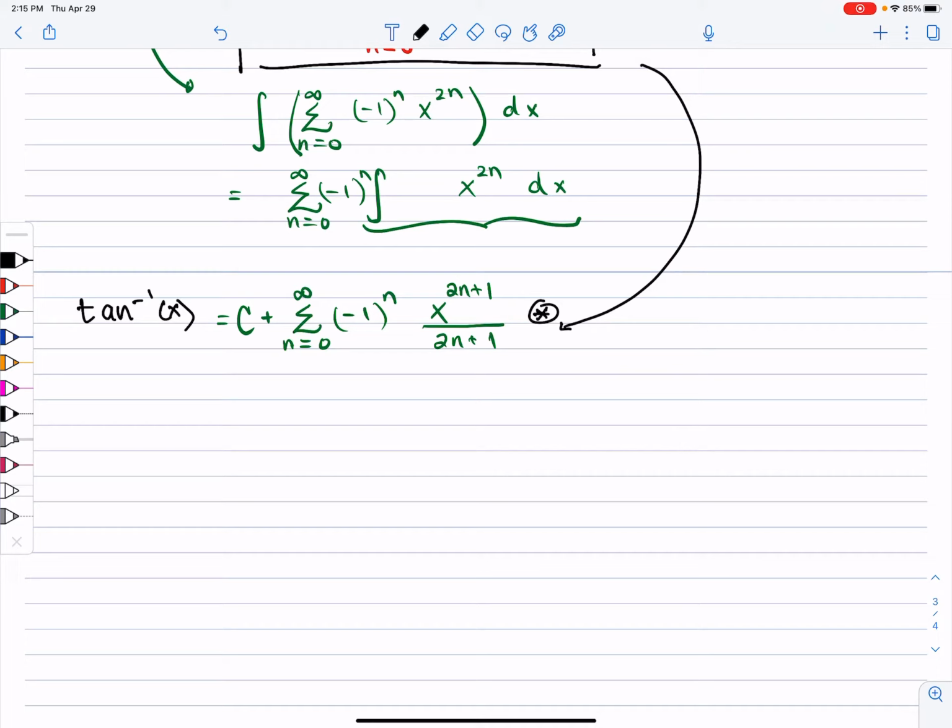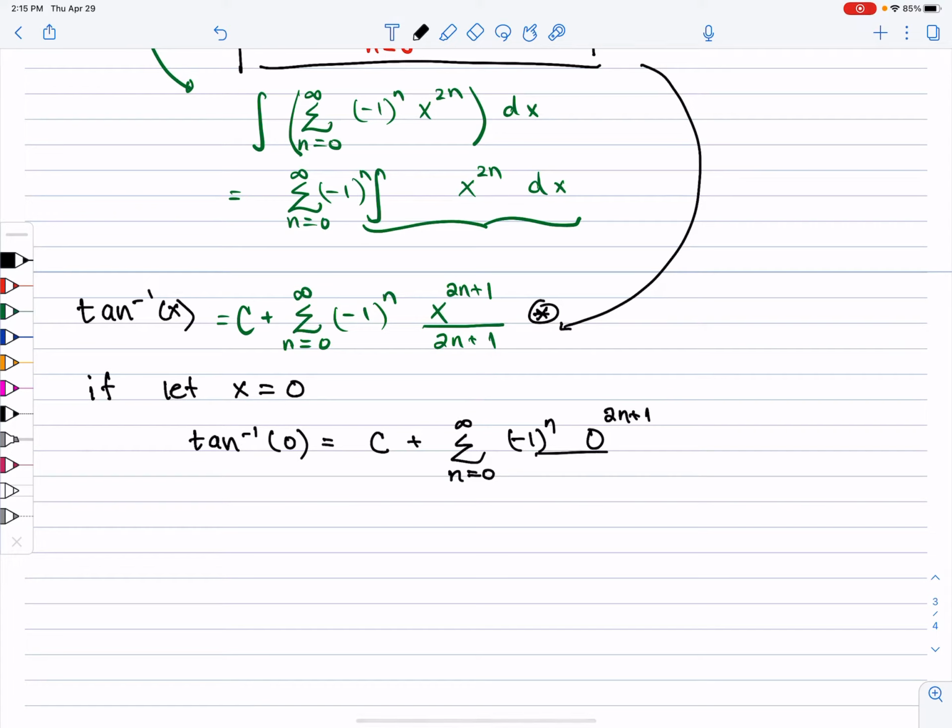Well, what happens if we let x be equal to 0? If we let x be equal to 0, we have tangent inverse of 0 is equal to some constant plus sigma as n goes from 0 to infinity, -1 to the nth, 0 to the 2n plus 1 over 2n plus 1.